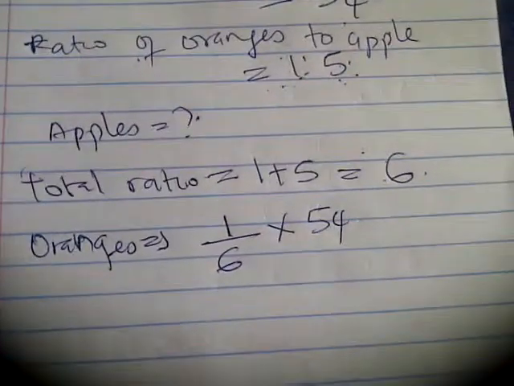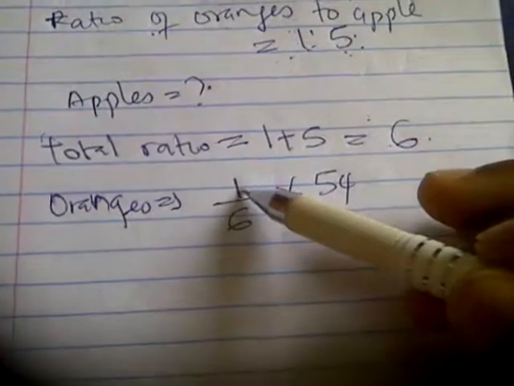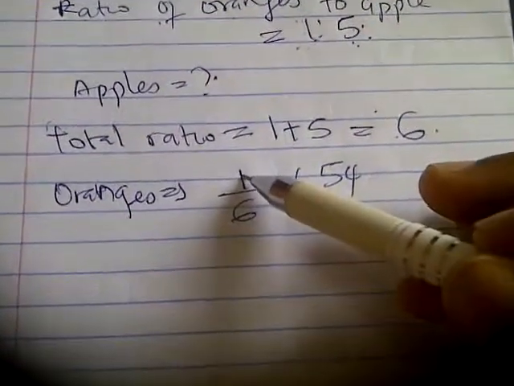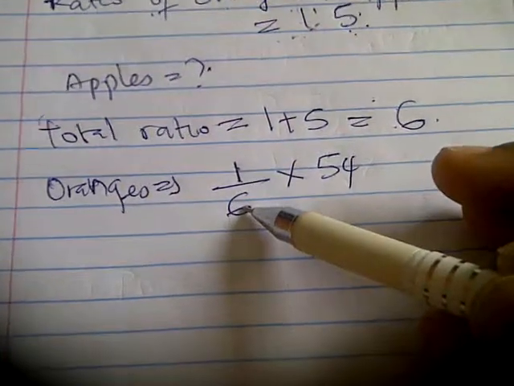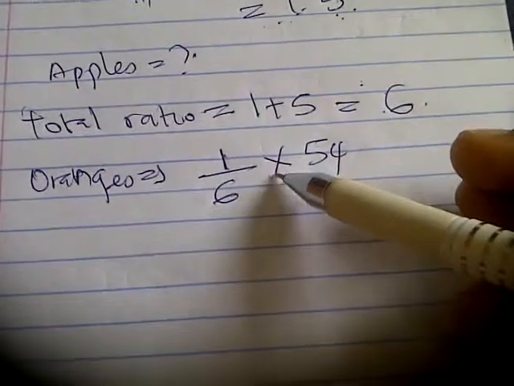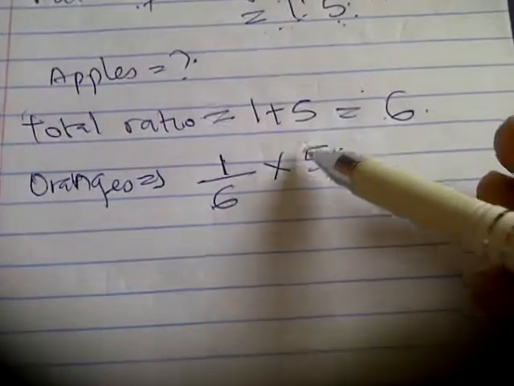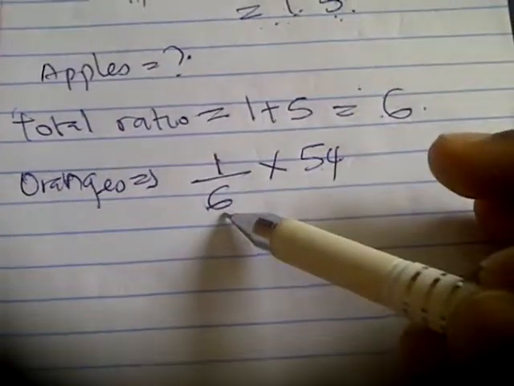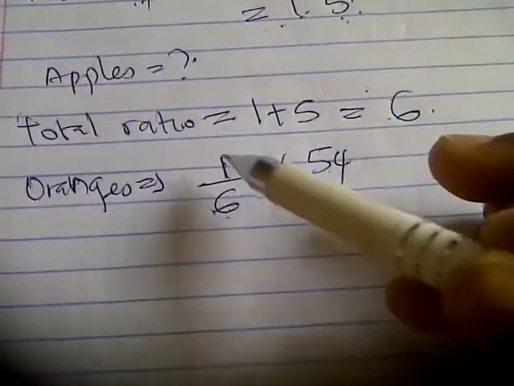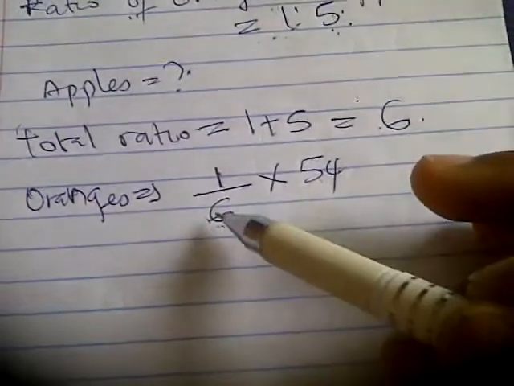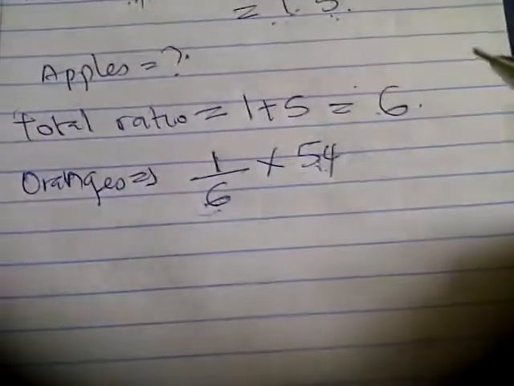Now the real concept behind this is that we want to find the ratio of oranges compared to the total ratio of oranges and apples, and then find that ratio in the real quantity. 54 is the real number of oranges and apples in the box, and 6 is the total ratio. We're finding 1 out of that 6, 1 out of the total ratio, inside the main number.